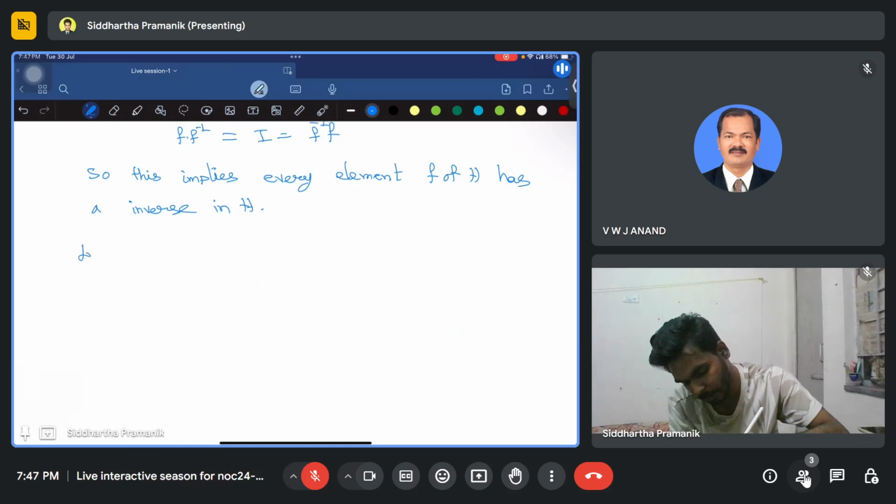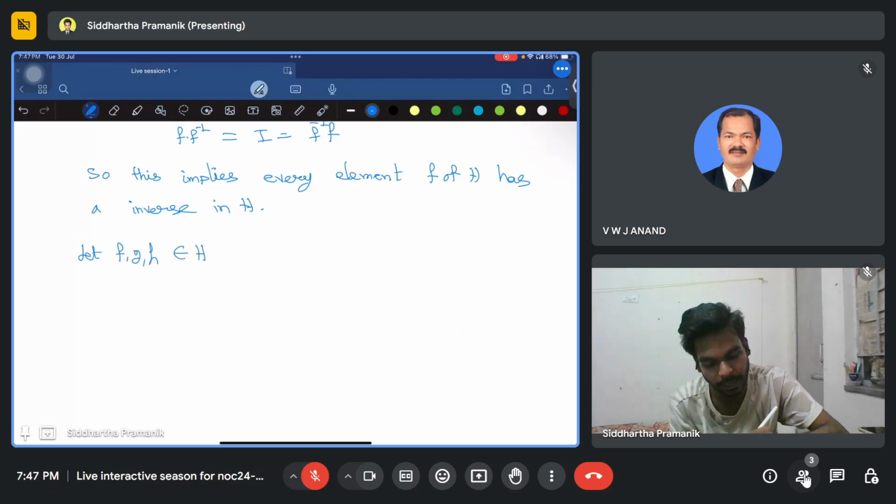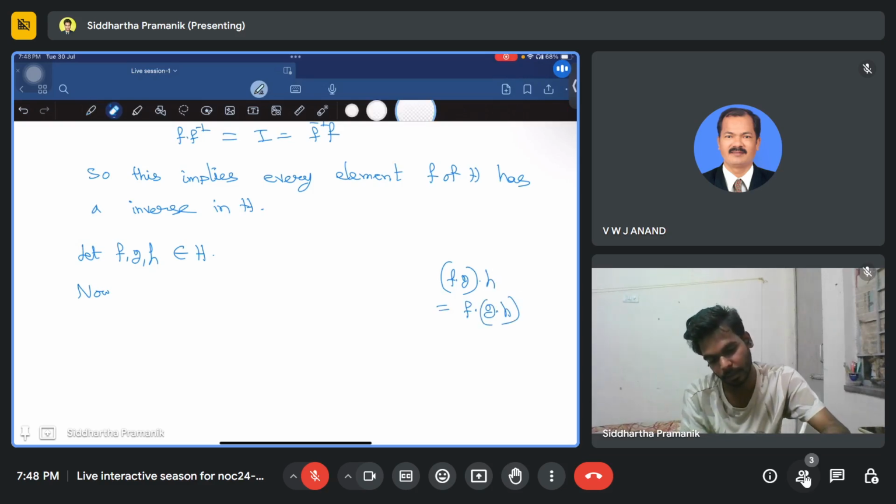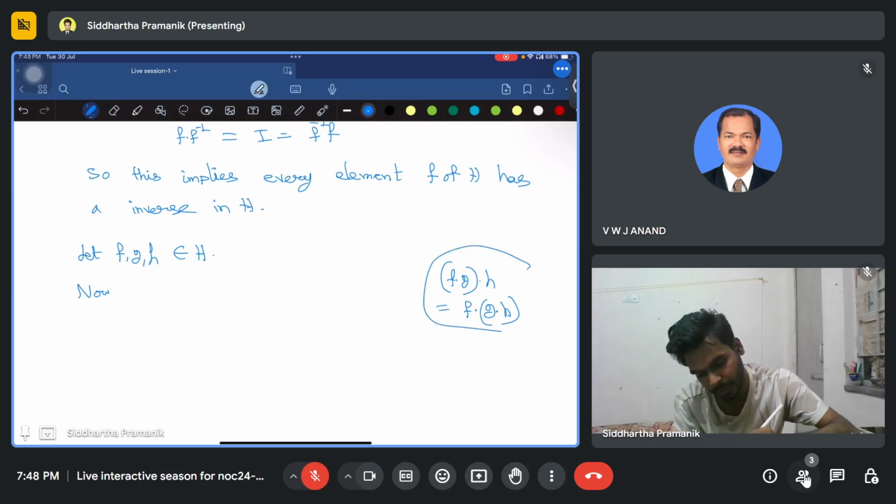So let f, g, h belong to H, three elements. Now, what do we need to prove? We need to prove f times g times h is the same as f times g times h, with the brackets grouped differently, right? So let's try to prove this.